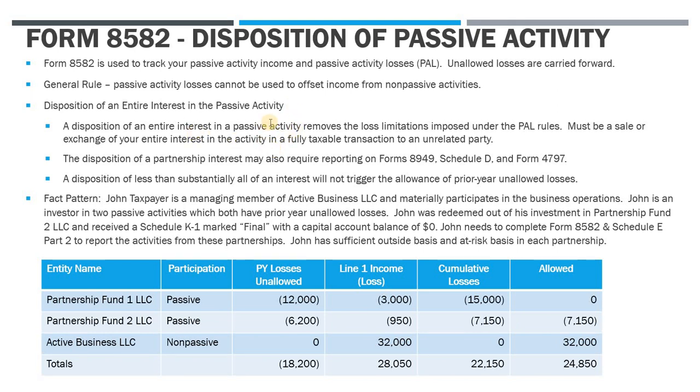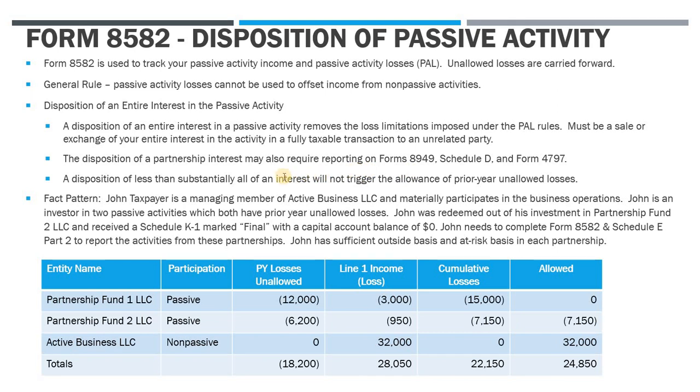By disposing of an interest in the passive activity, what it really accomplishes is it shifts those losses from passive to a non-passive bucket. And so if you have prior year unallowed passive losses, and if you have current year passive losses in this activity, they now get reallocated to that non-passive basket, and so they can be used to offset your non-passive income.